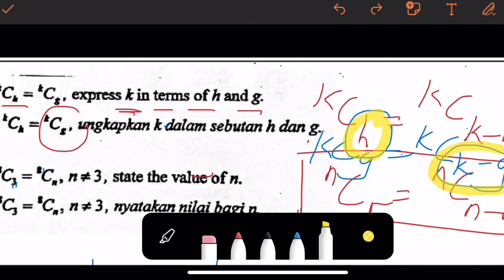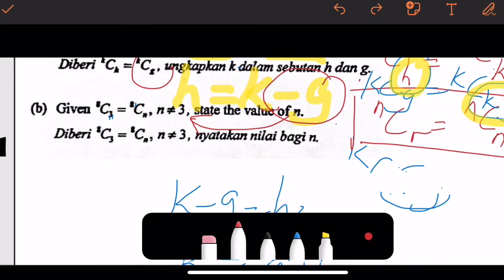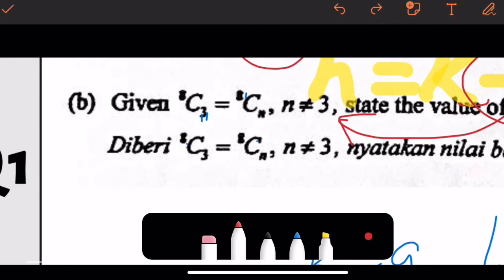So H is equal to K minus G. But the question wants K in terms of H and G, so we need to bring this over to the left. That means K equals H plus G, or G plus H, the same.